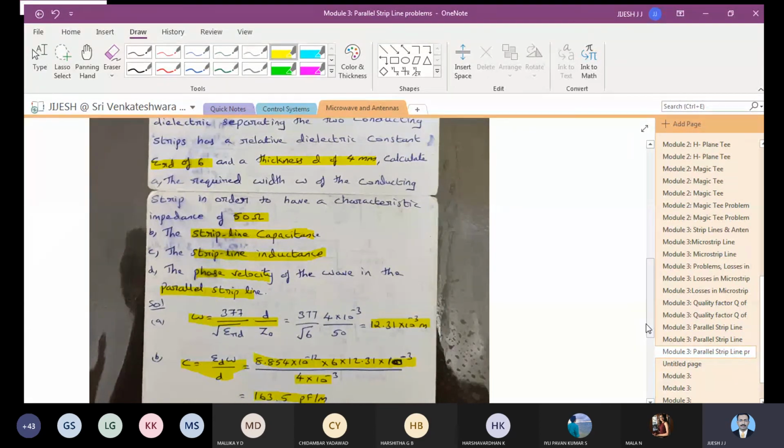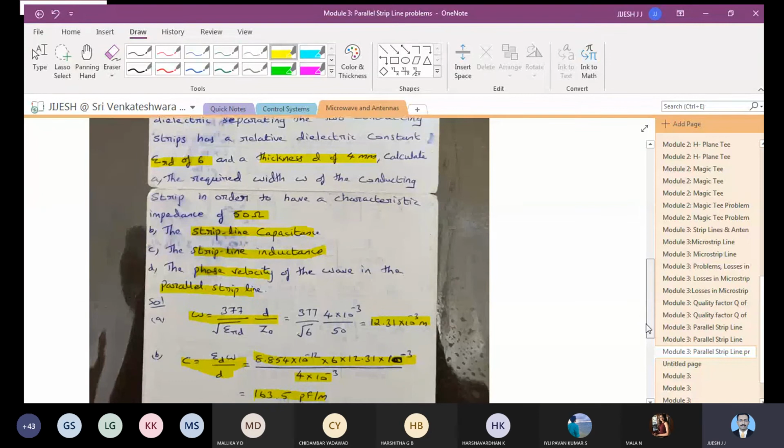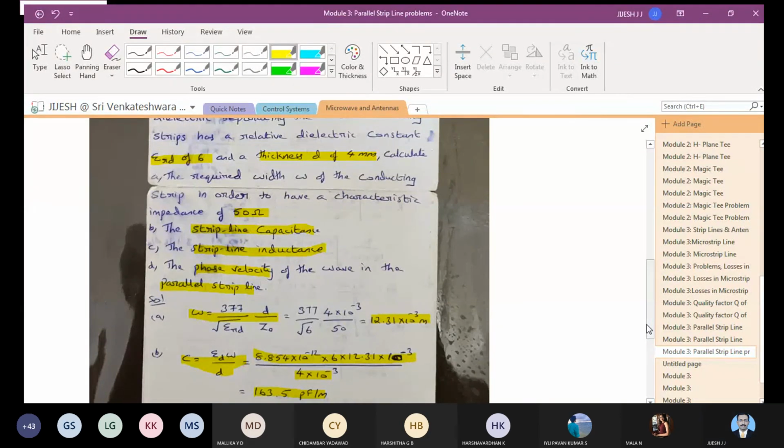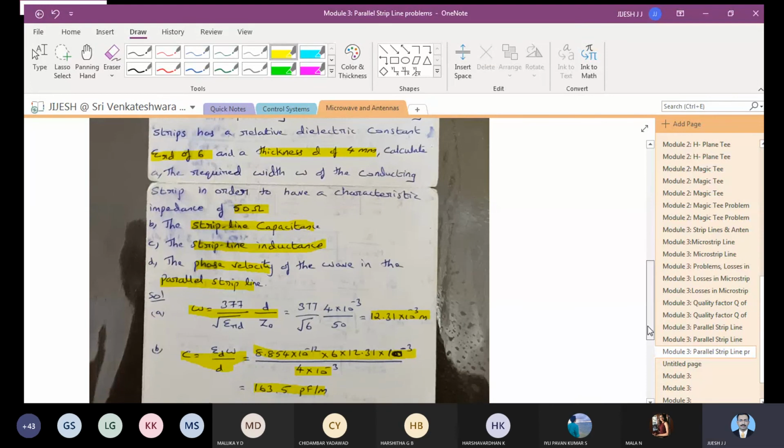What is the answer for that inductance? You can say the answer, it doesn't matter if it is correct or wrong. What is the answer for inductance? Yeah, one of you can say the answer for inductance. Annapurna, have you completed?